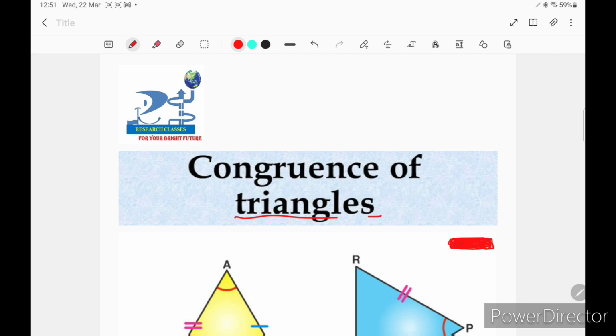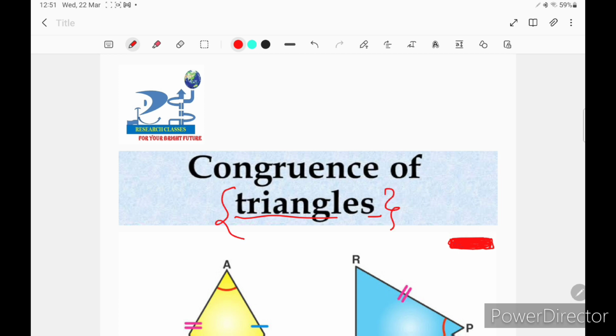So my today's topic is congruence of triangle. Today, I am going to discuss with you the criteria of the congruence of triangle. Before explaining what congruence of triangle means, let me talk about what a triangle is.